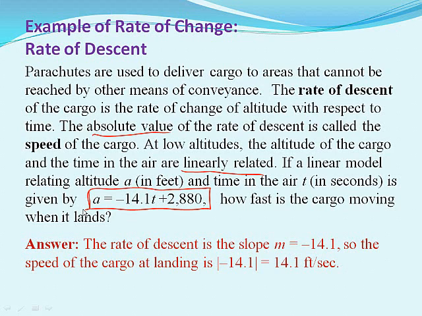The rate of descent is the slope of the model, which is m equals negative 14.1. So the speed of the cargo at landing is the absolute value of negative 14.1. This is the absolute value notation. When we calculate the absolute value of negative 14.1, we get 14.1, and that is the speed of the cargo at landing.